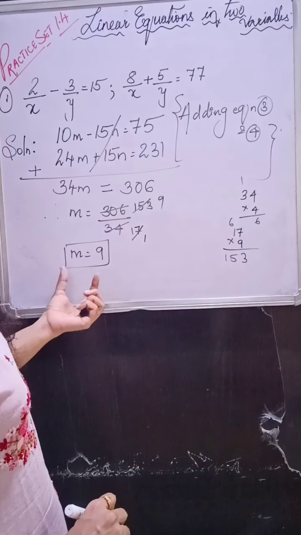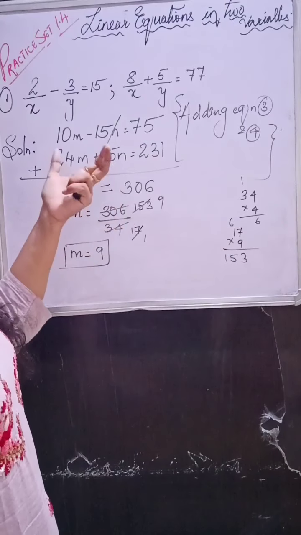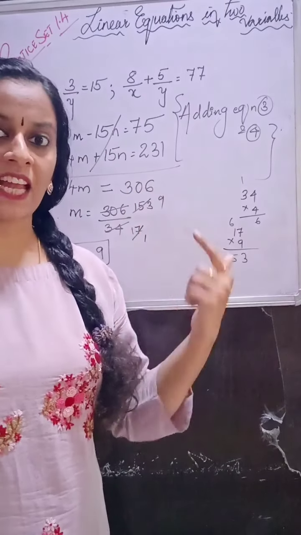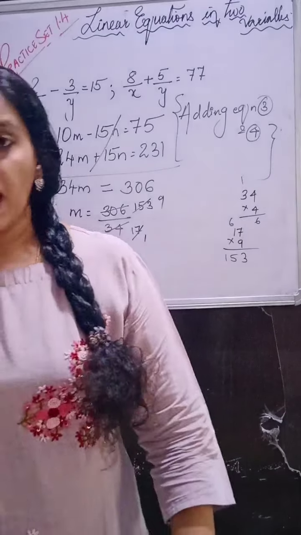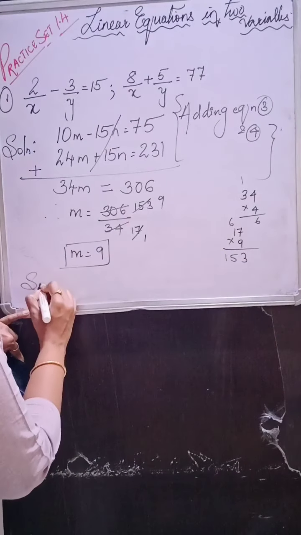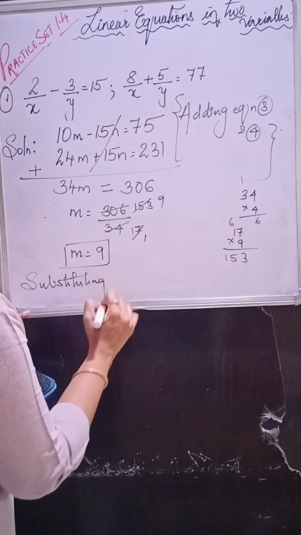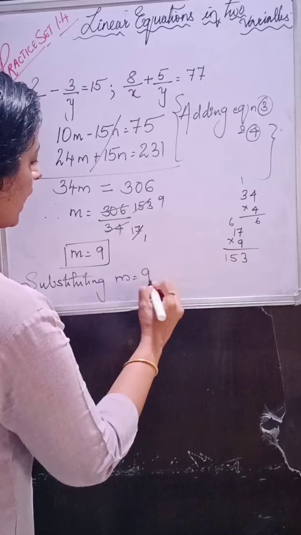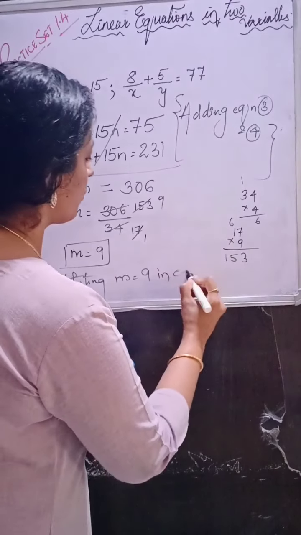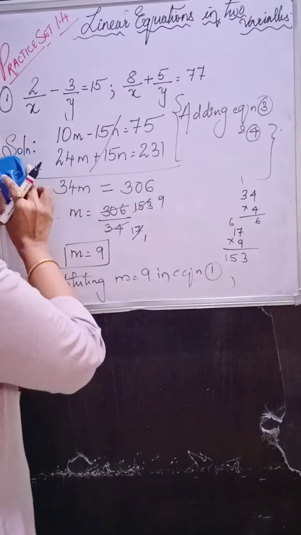Now we will substitute m is equal to 9 in any one equation. Equation first and second, no? Out of that you substitute. I will substitute in the first equation. So write the step. Substituting m is equal to 9 in equation 1 and get the value of n.